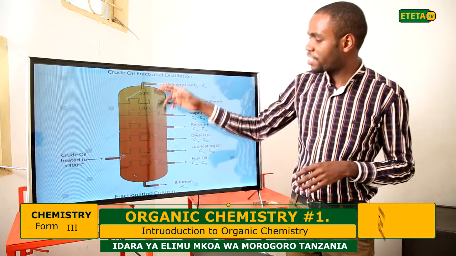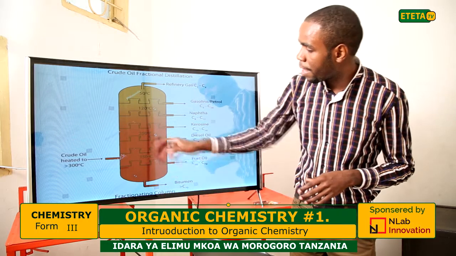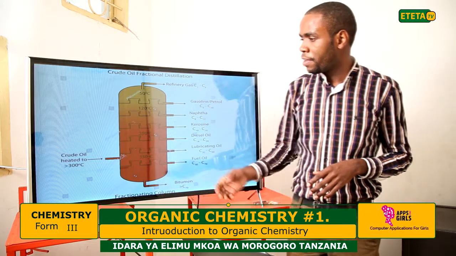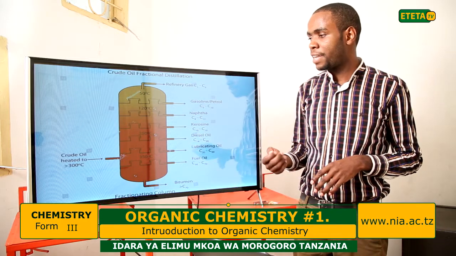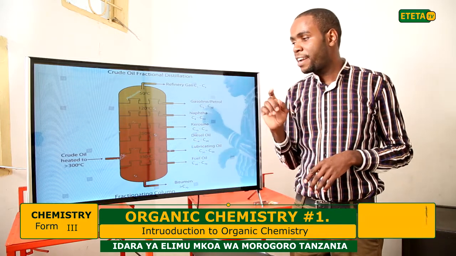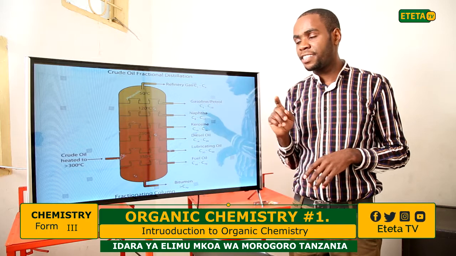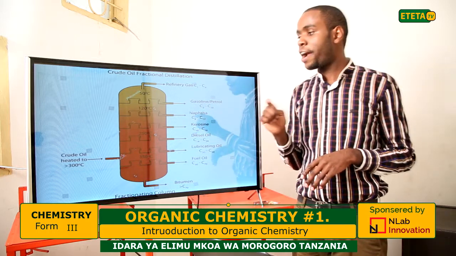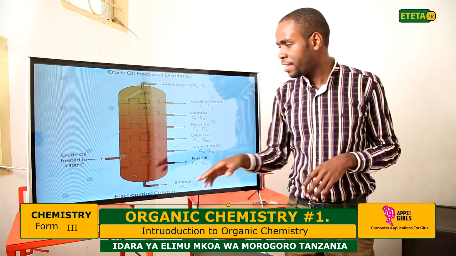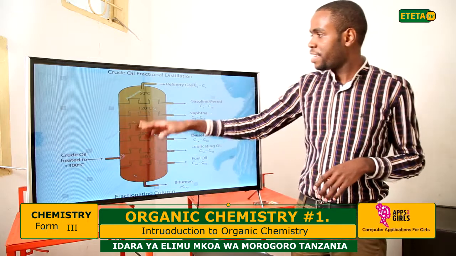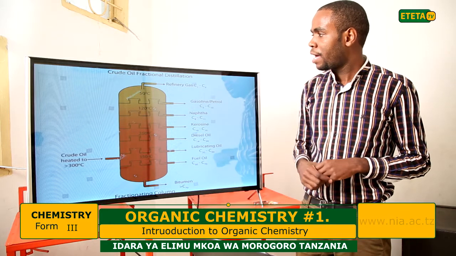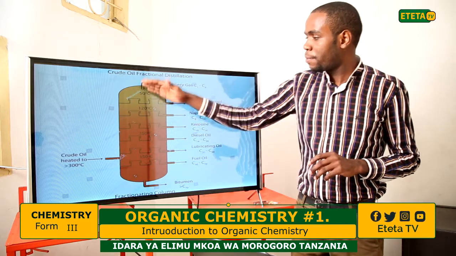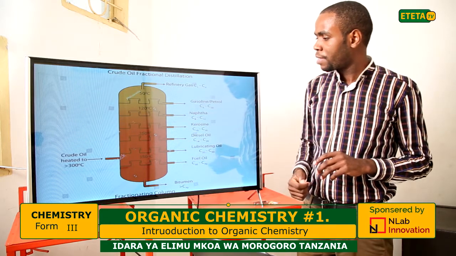After being heated to 400 degrees centigrade, the mixture is fed into the fractionating distillation column.